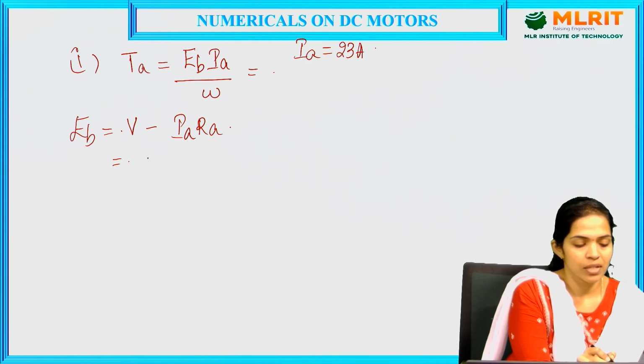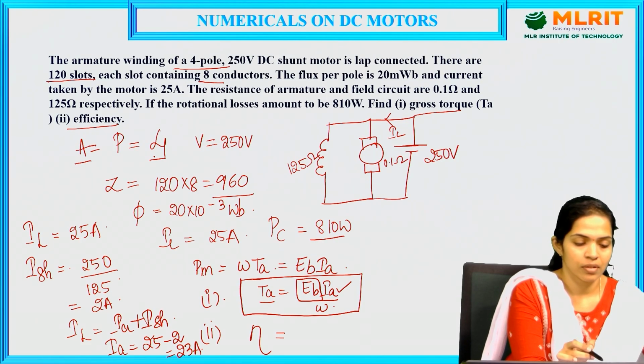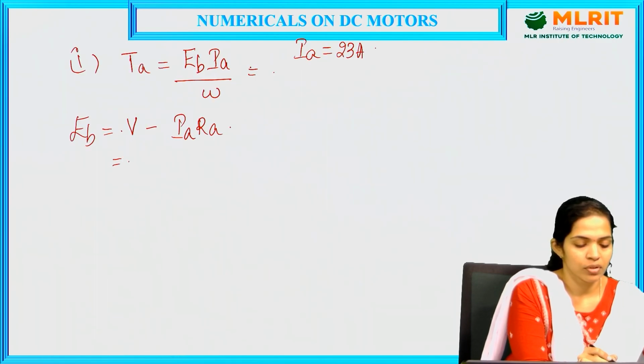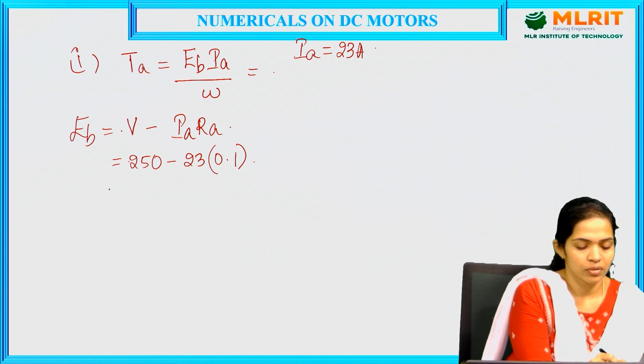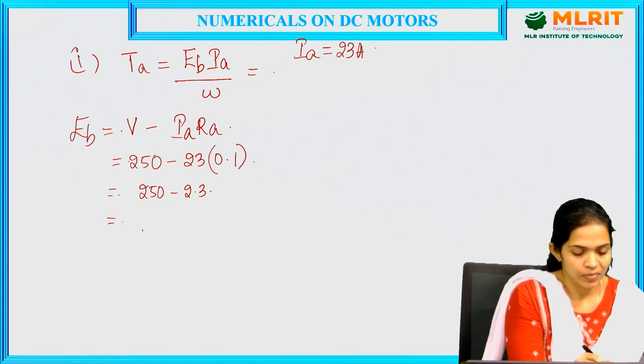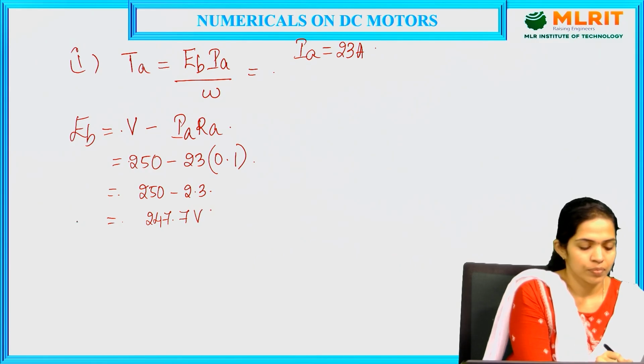So V is given as 250 volts, IA is 23 into RA 0.1. 250 minus 2.3. We got the EB value here.